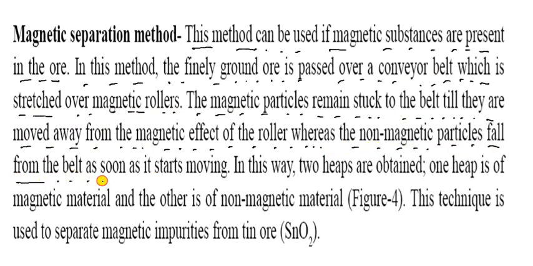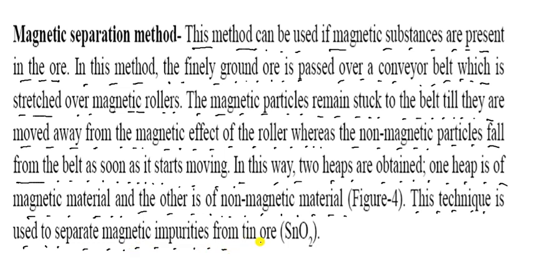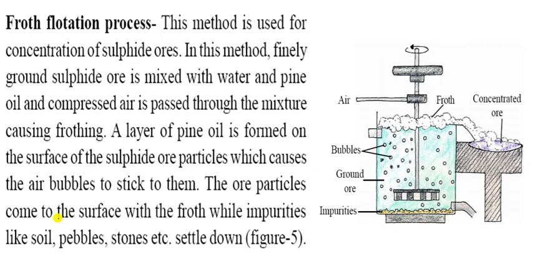The magnetic particles remain stuck to the belt till they move away from the magnetic effect of the roller wheels, whereas the non-magnetic particles fall from the belt as soon as it starts moving. In this way, two heaps are obtained, one heap of magnetic material and the other of non-magnetic material. This technique is used to separate magnetic impurities from tin ores. So that is the method of magnetic separation.